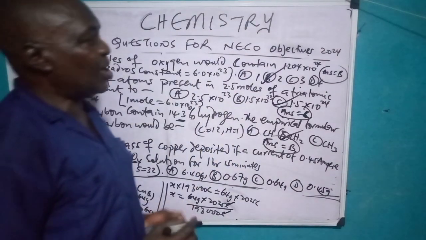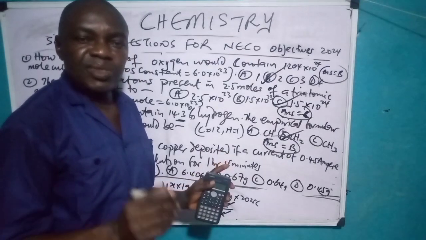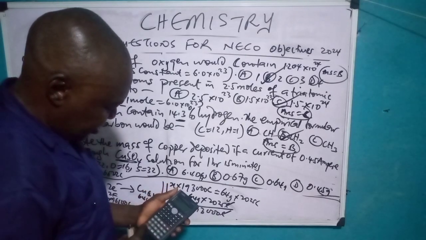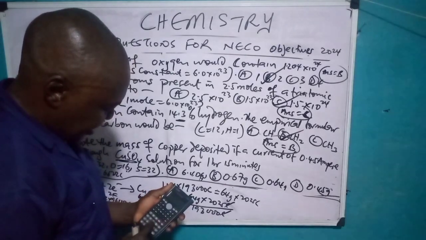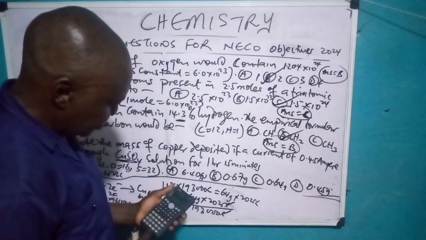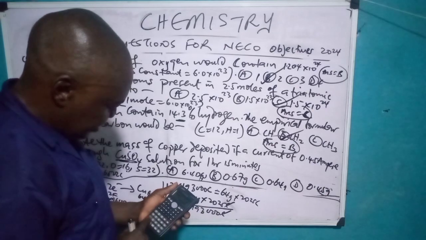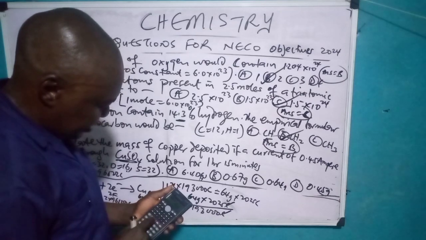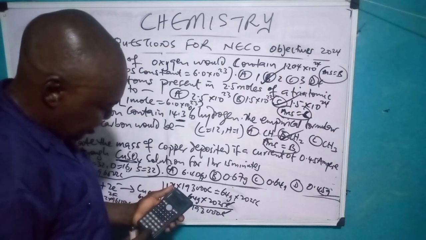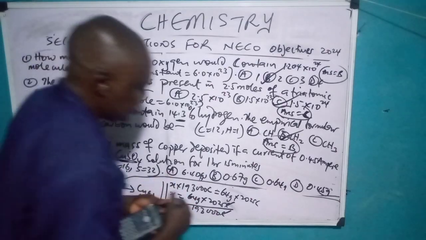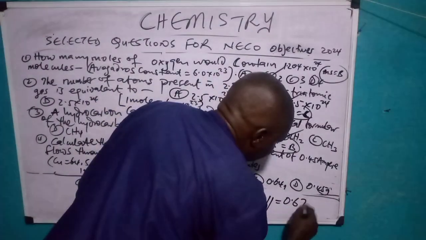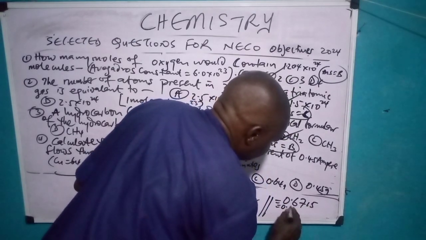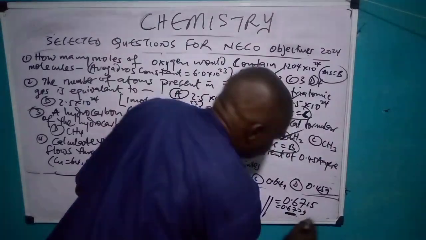Remember, as I said before, when you are going through this video, get a notebook, start jotting. So let's see what we have. 2025 times 64, divided by 193,000 gives you 0.6715, which gives you 0.672 gram to three significant figures.